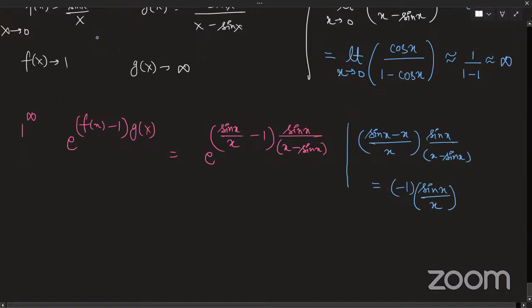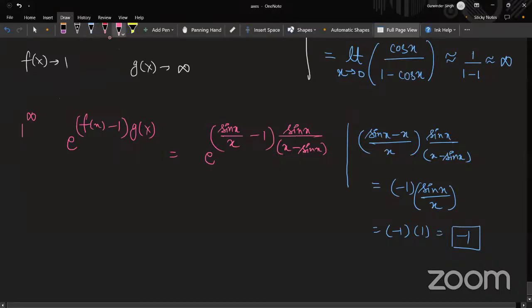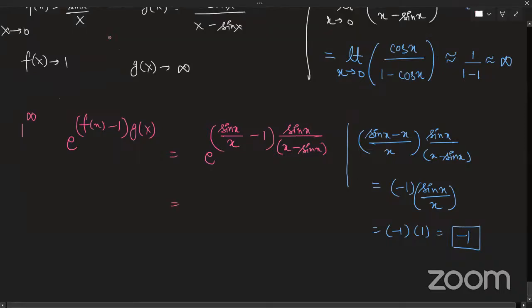What is sin x by x as x is tending to 0? 1. So minus 1 into 1, the answer is minus 1. Is minus 1 my final answer? No, e raised to minus 1, also written as 1 by e.